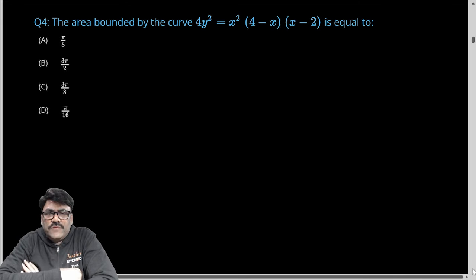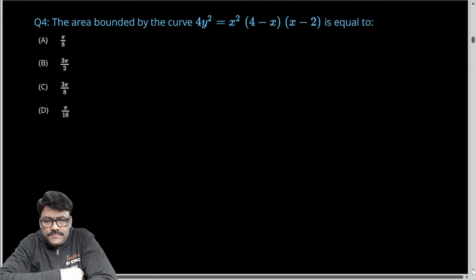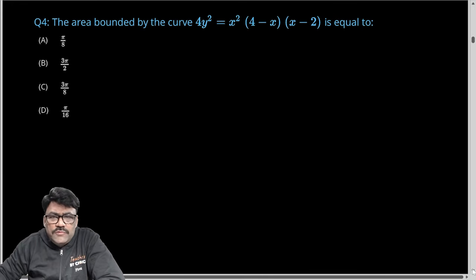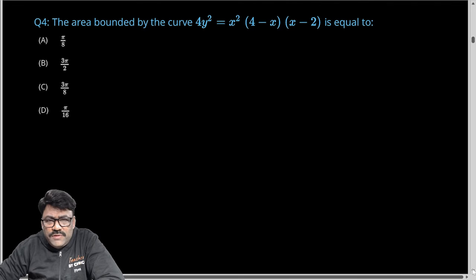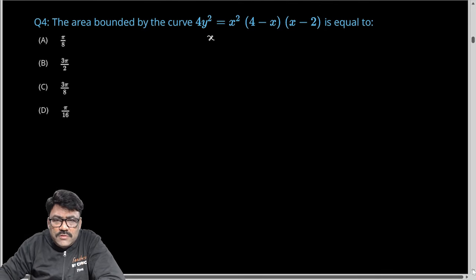See this question. This is from area. You have to find the area enclosed by this curve. Now clearly you see that the left hand side is greater than or equal to 0. So hence x²(4 − x) − 2 should also be greater than or equal to 0.